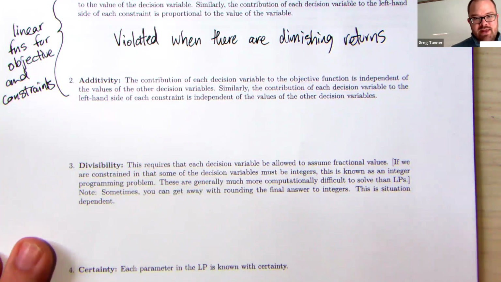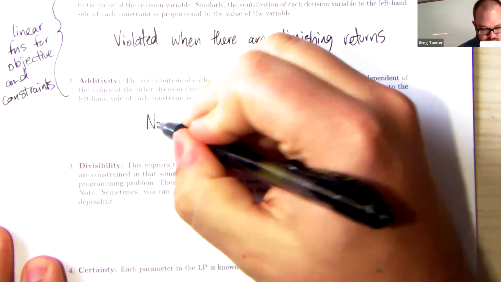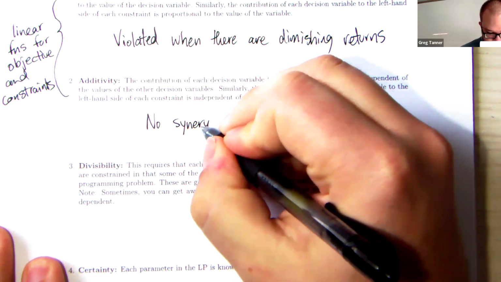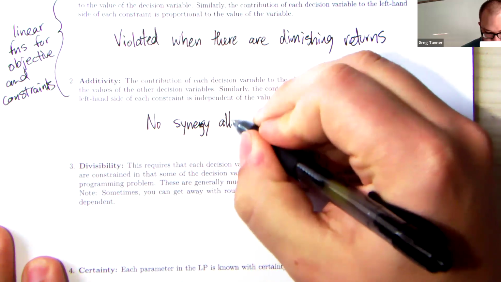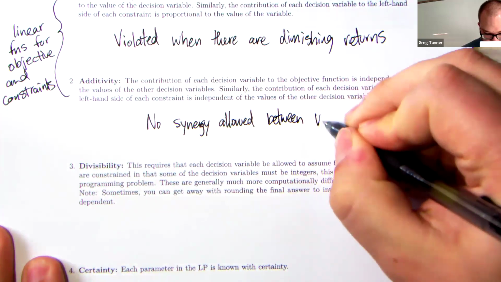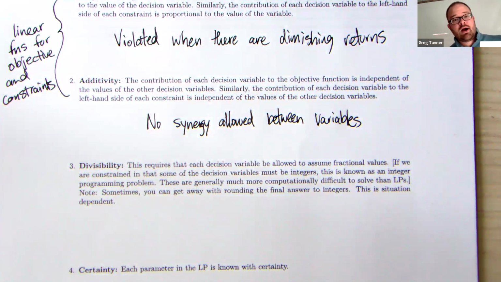Additivity, the main way that this gets violated is when your decision variables interact with each other, where doing one and the other at increasing levels sort of changes the contribution to the objective or to the constraint. And essentially, the additivity assumption is saying that there's no synergy allowed between your variables, where the contribution of one variable is modified by the other variable.